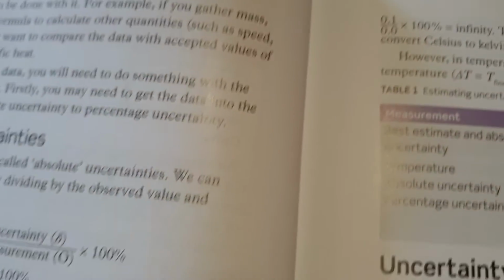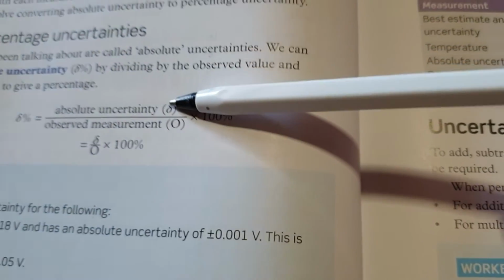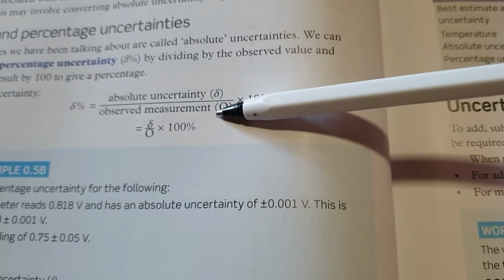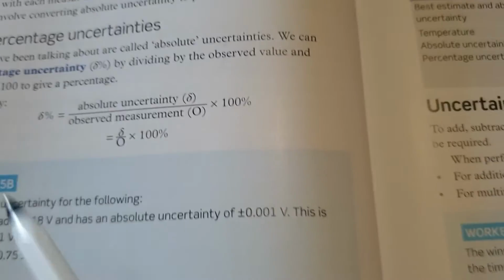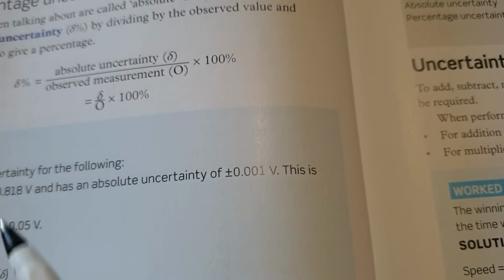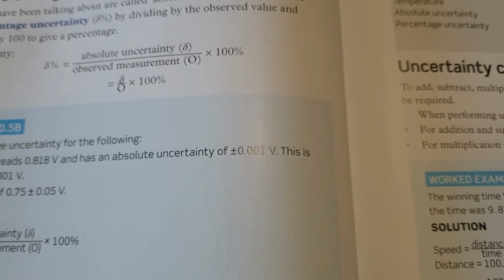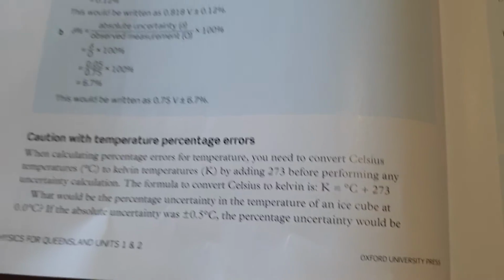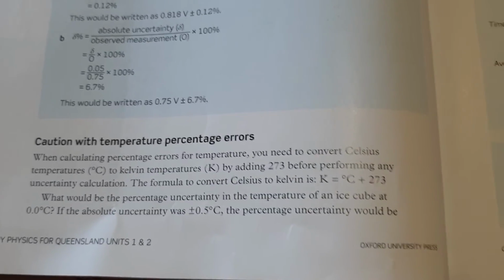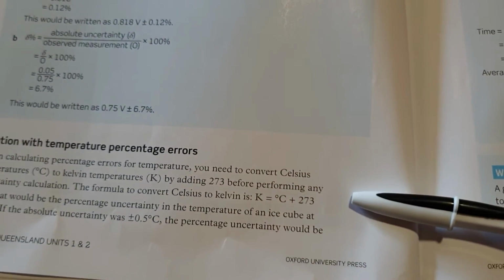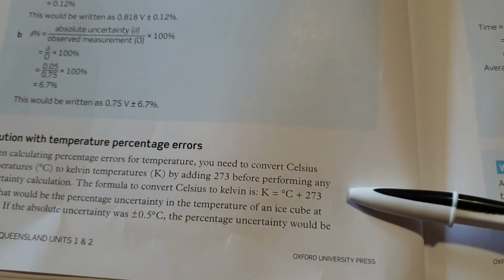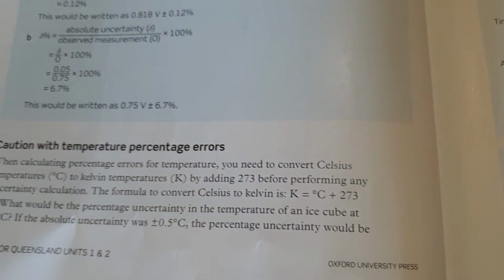Percentage then puts the absolute uncertainty over the measurement, like we do when we have the graph one and we've got the slope plus or minus whatever to get the percentage uncertainty. And you use them for different things. There's a little caution down the bottom of the page on page 22 about temperatures. So your Celsius would have to be in Kelvin before you did anything with it.